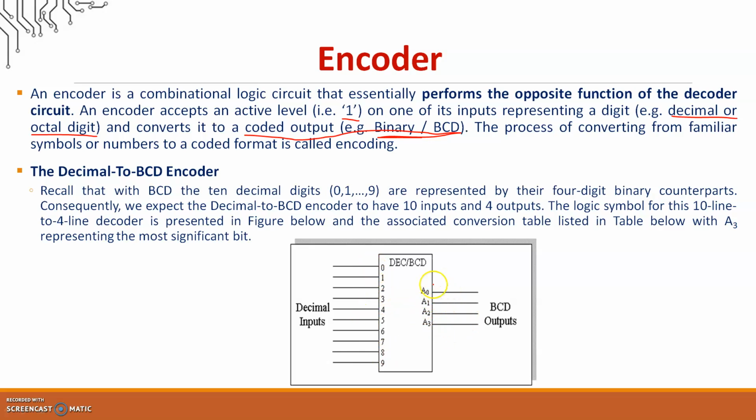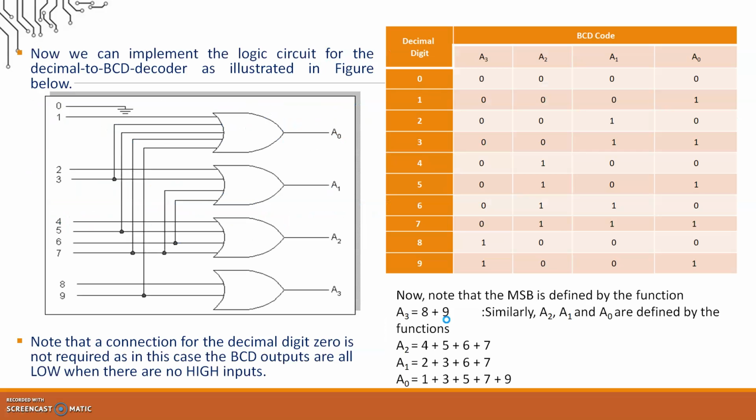The outputs are A0, A1, A2 and A3. Now we can implement the logic circuit for the decimal to BCD encoder. I have inputs 0, 1, 2, 3, 4, 5, 6, 7, 8, 9 and the outputs are A0, A1, A2 and A3.